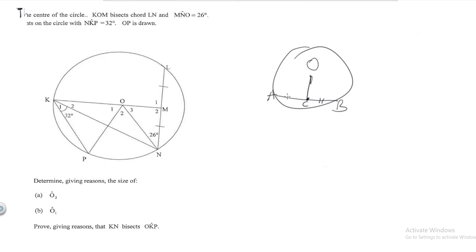Bisect means these two sides are equal. So, which means this will be a radius and this is a radius, okay? So, meaning that these two angles, this will be 90 degrees and this will be 90 degrees.